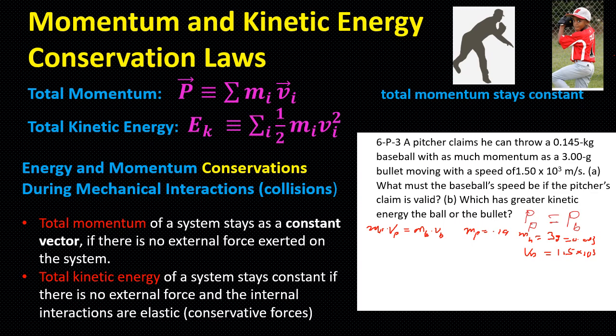So, the mass of the pitcher's ball and the mass of the bullet are known, and then you solve for the speed of the pitcher's ball. The math is just to divide the momentum of the bullet by the mass of the ball.